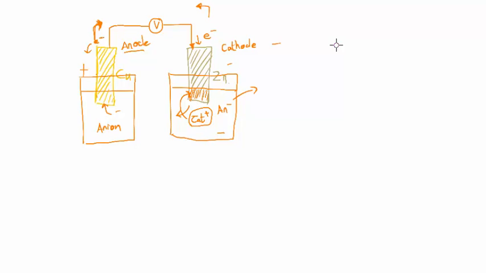This metal has given away electrons, and the electron goes into the circuit. The anode gives away an electron, but is then left with a charge.